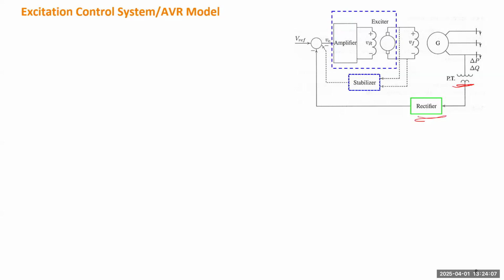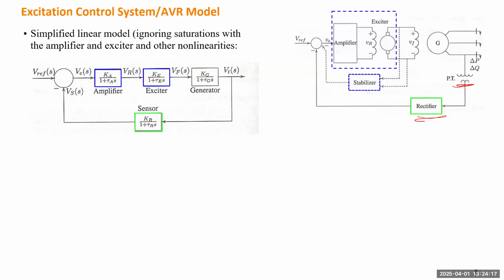The rectifier will still give you a voltage signal, but which is DC, and you can give it to your control system as a feedback. So here there are also stabilizers. This stabilizer is not a power system stabilizer; it's just an internal stabilizer to increase the stability of this excitation system.